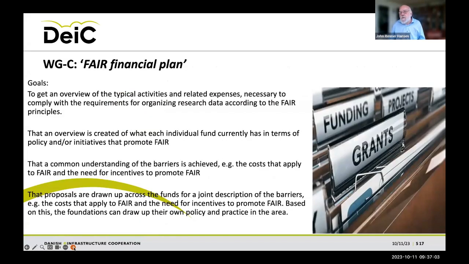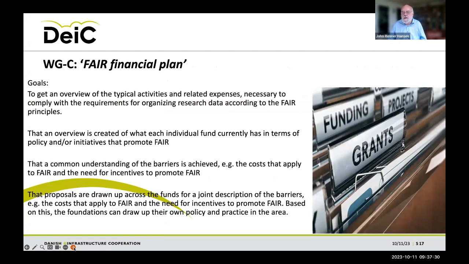The financial plan, well, we don't have any final decision. We just have a recommendation that we should continue to talk between the public funding and the private foundations, because it is very important that we get a list now here. We create lists of expenses to create FAIR data sets.